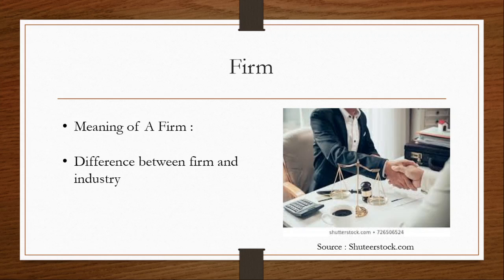See, firms are the smaller units and they are part of the industry. So it's very simple and very logical to differentiate between firm and industry. Industry is made up of several firms and several units of production. We can say an industry of bottles, but that industry will consist of many smaller firms which actually produce bottles.